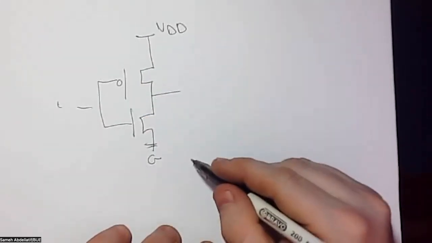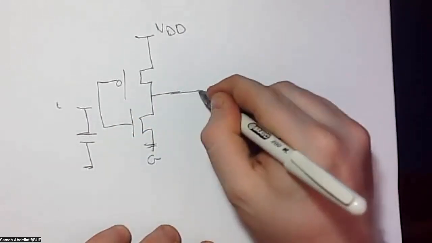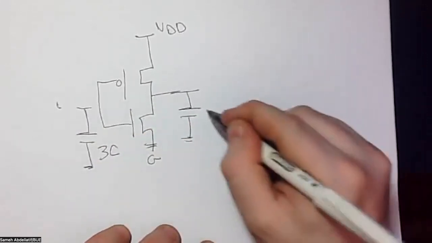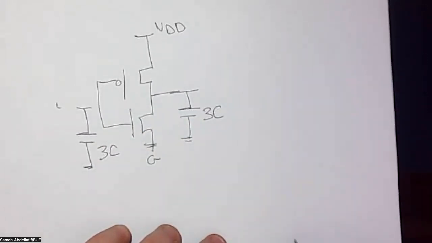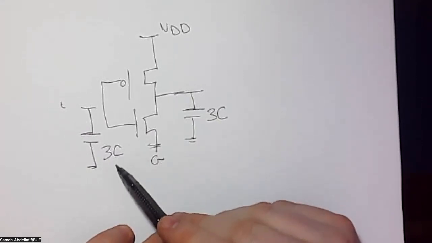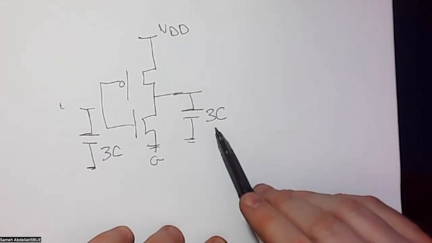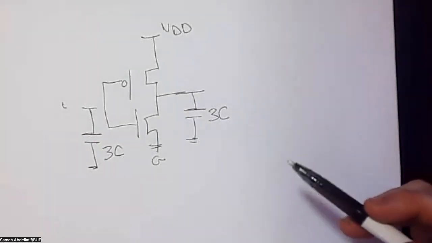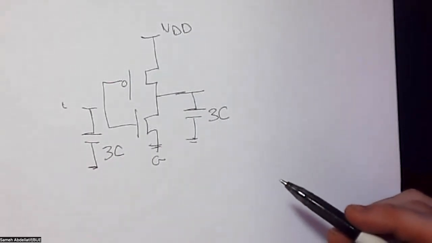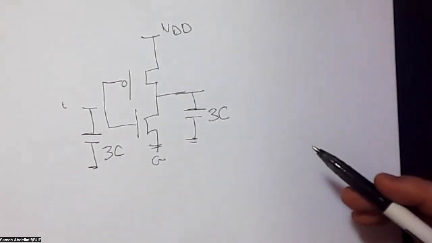So by the end of the day, we can consider it as something like that. Here we have a capacitance of 3C, and here we have a capacitance of 3C. So this is the input capacitance of the inverter, the NOT gate, and this is the output capacitance of the inverter. And using this method, you can easily express the capacitance for different logic gate designs.